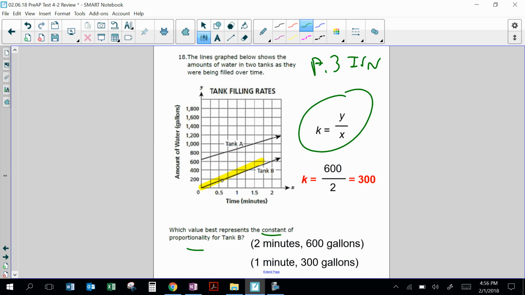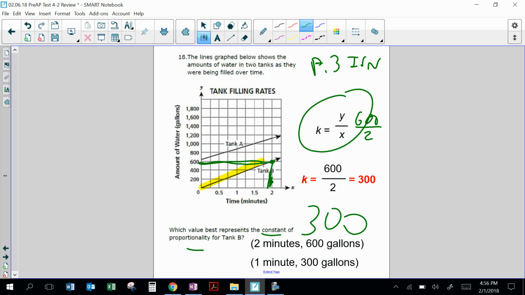I'm looking for a point that's really easy to tell. Oh, right here. The x-axis is 2. The y-axis is 600. So it's 300. The constant of proportionality is 300.